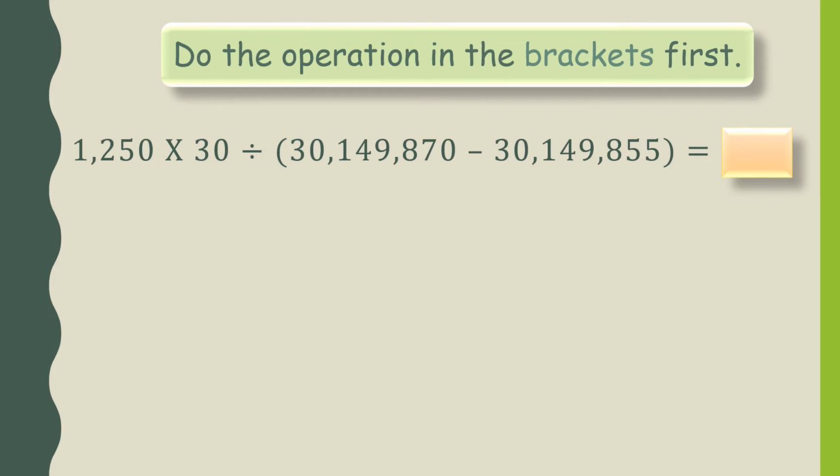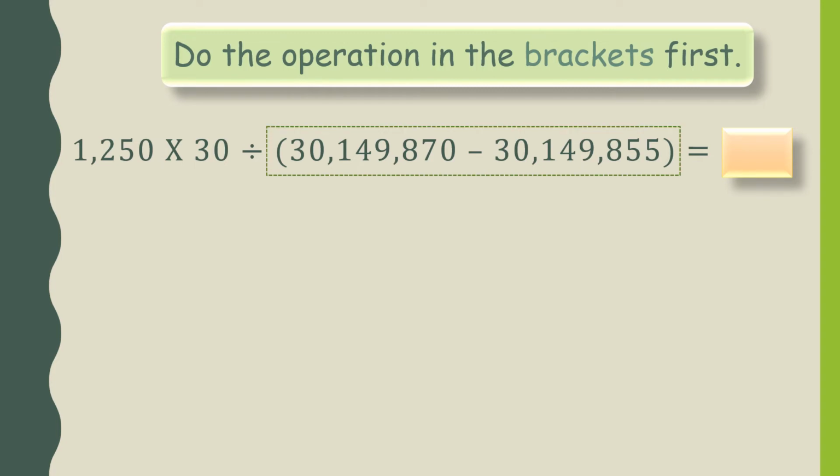Now here comes our second equation. This equation has brackets. See Mickey Mouse reminding us to do the operation in the brackets first. Our equation is 1,250 times 30 divided by bracket 30,149,870 minus 30,149,855 bracket.